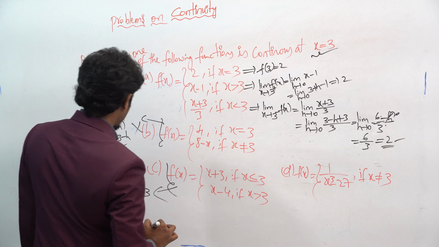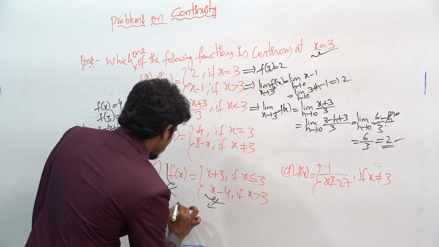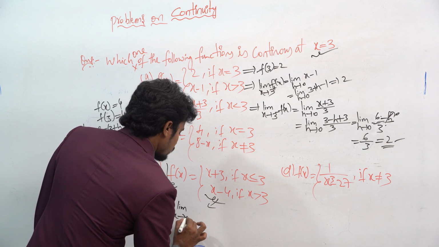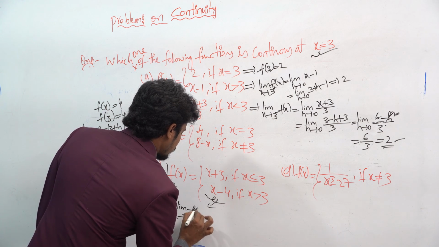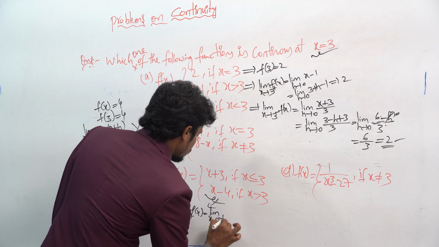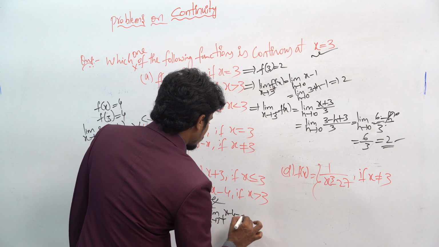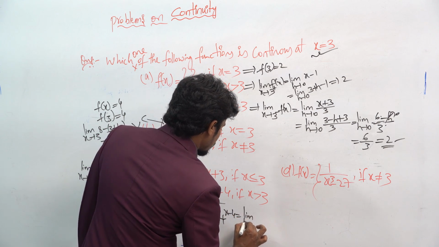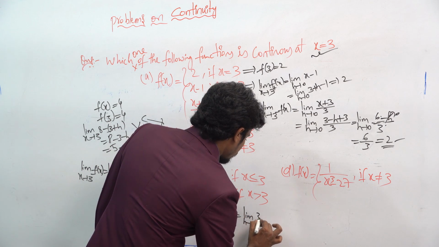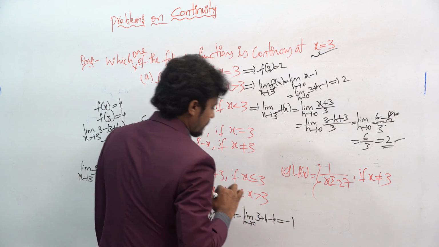And if you take x minus 4, that is the limit x tends to 3 plus f of x, with limit h tends to 0, this becomes 3 plus h minus 4, this will become minus 1.